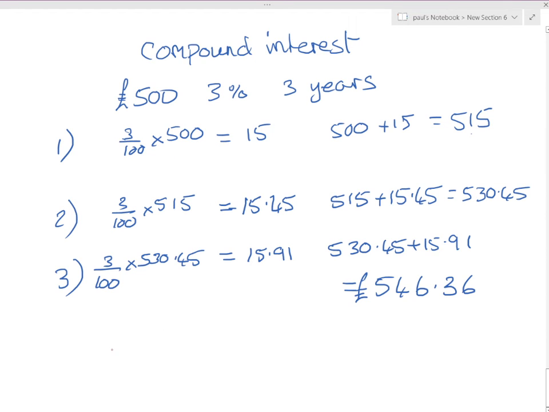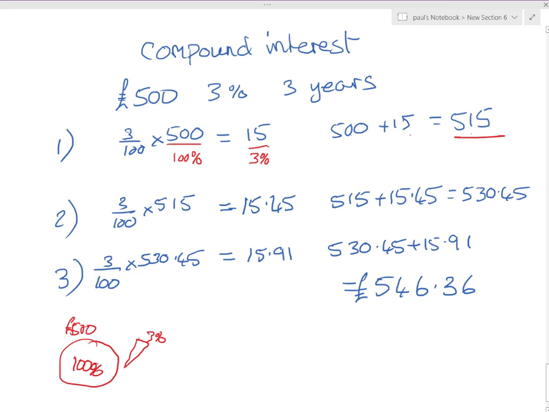Right. Now what we're going to do is the £500 is 100%. Now we're going to add on 3%, so we need that. There's our 3%. So this total here is the 100% plus the 3%. Yeah, these two numbers.